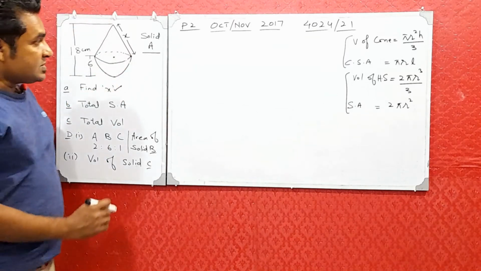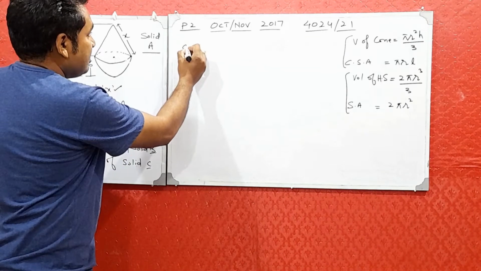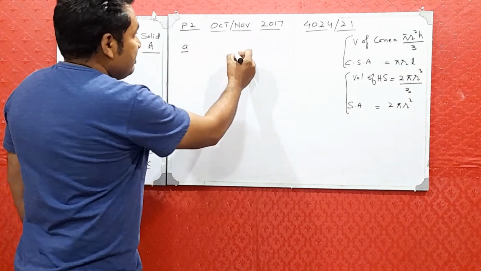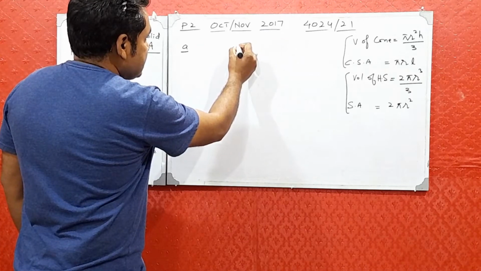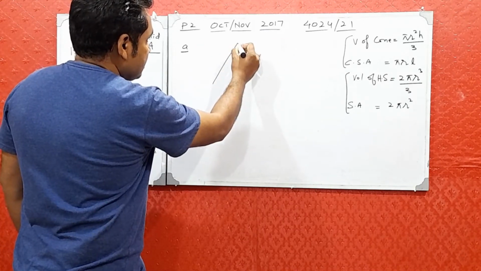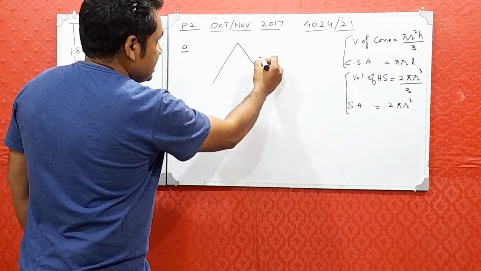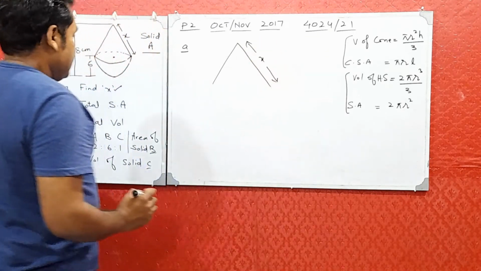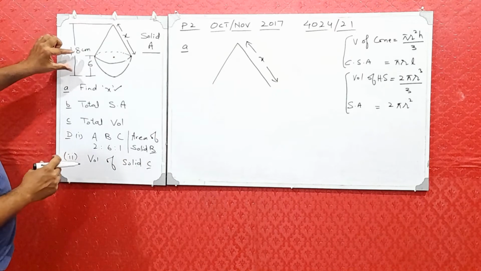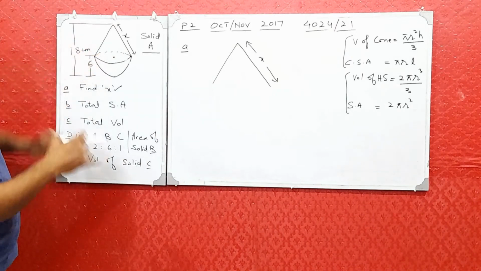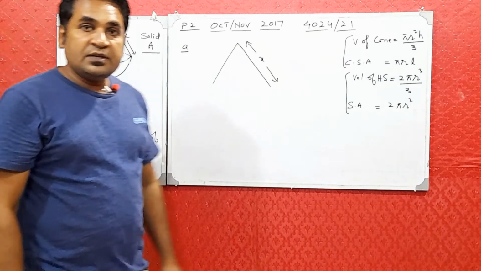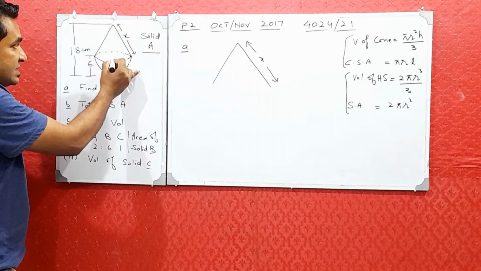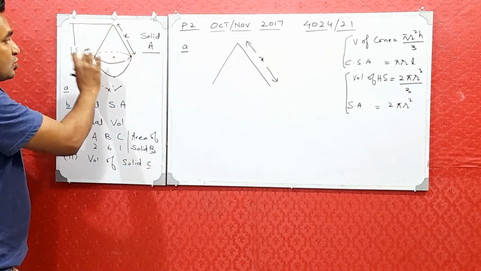Actually we are supposed to find out the slant height, so we will only consider the cone in this case. This x we are supposed to find out. Now you can see that the radius was not given, but when I was explaining the sphere or the hemisphere, I told you that the height of the sphere is 2 times the radius.